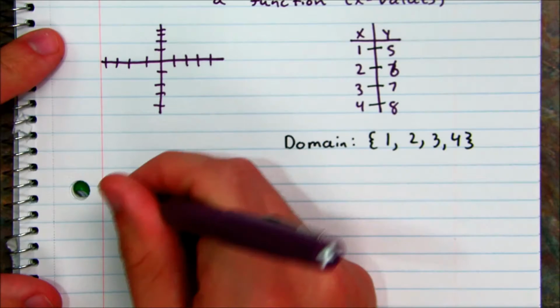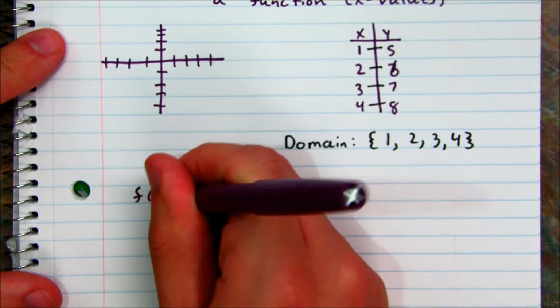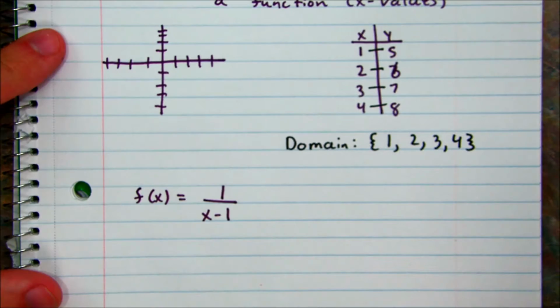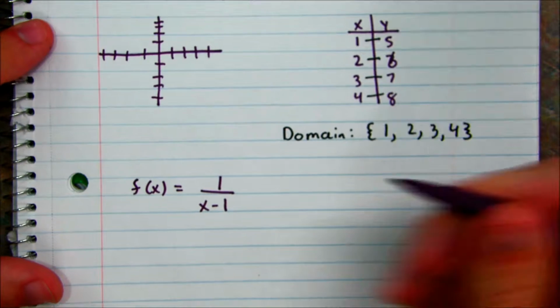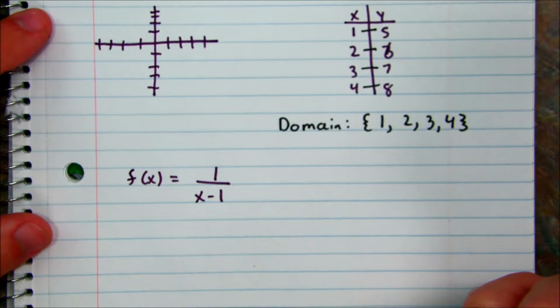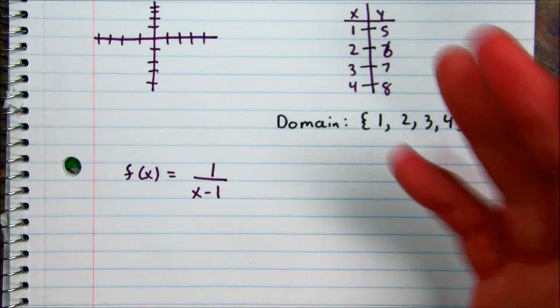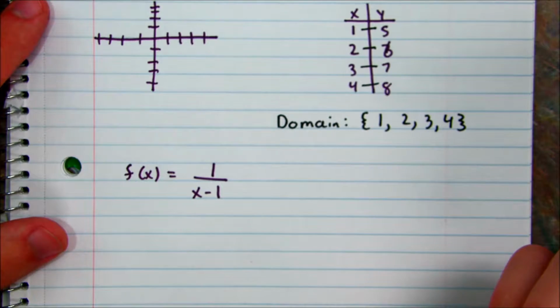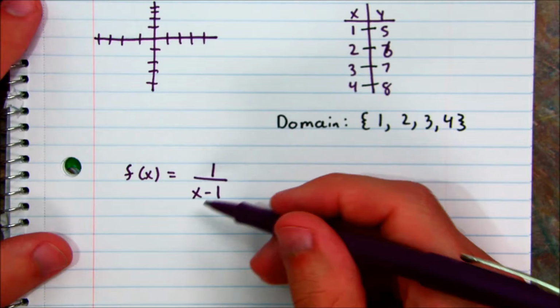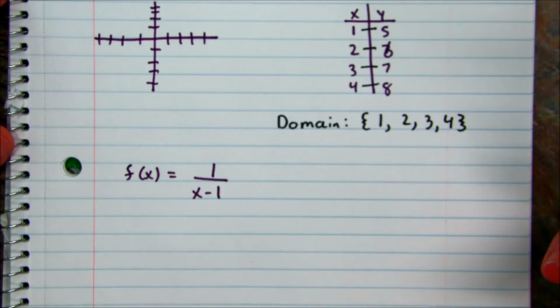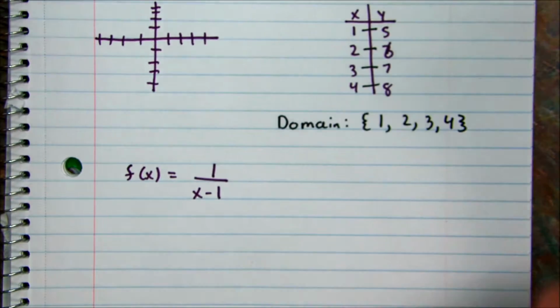So let's define a function, f of x equals 1 over x minus 1. For this type of function, it's a lot harder to determine what the domain is by looking at what can I plug in. I could just start plugging in numbers over and over again and keep going that way. The only problem is there are an infinite number to try.